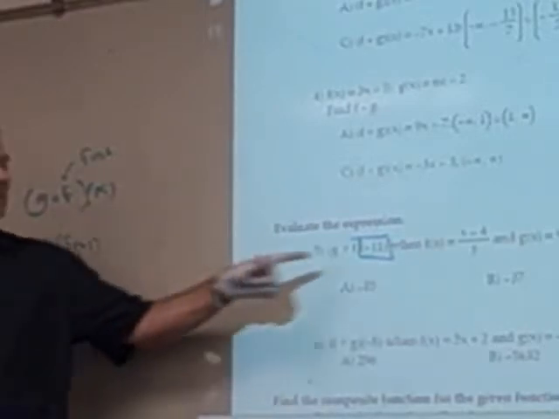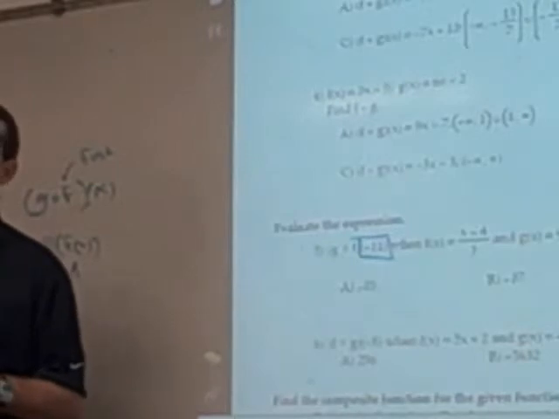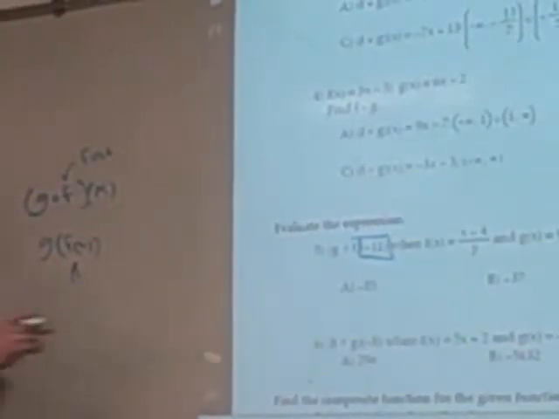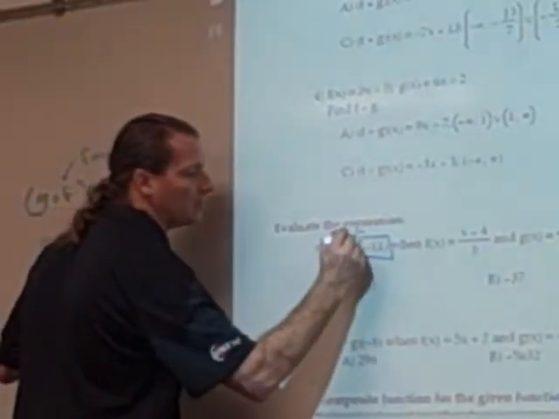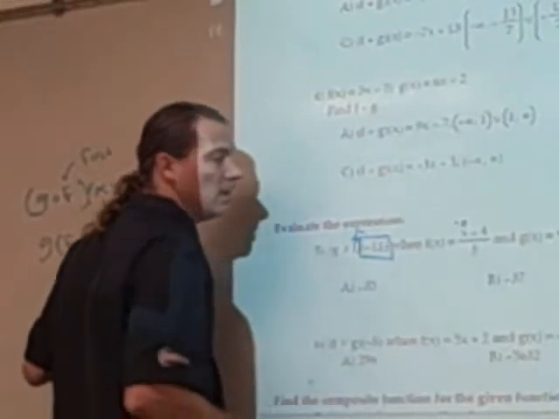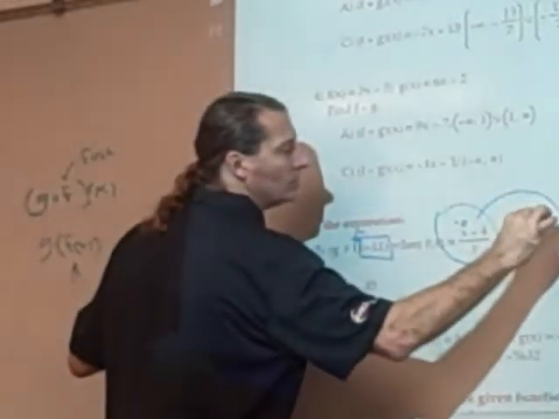But if I'm looking for a single value, I don't necessarily have to waste my time with that. I can simply put minus 11 first into f, and that's why I say you need to know which one goes first. Take minus 11, put it right here, and whatever the answer is to this, that will go into G right there.